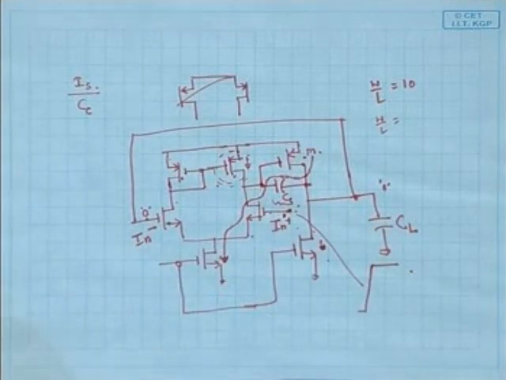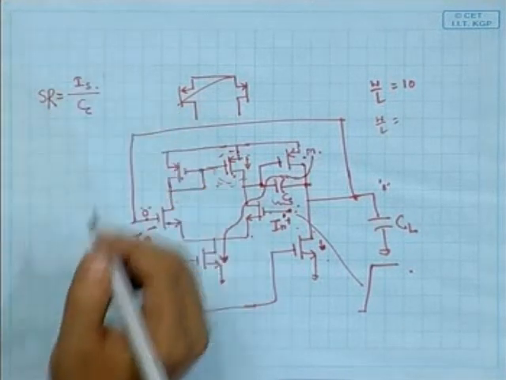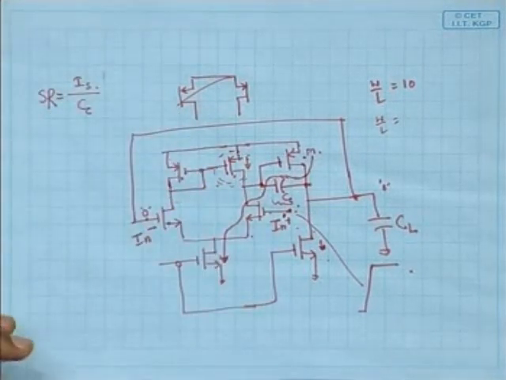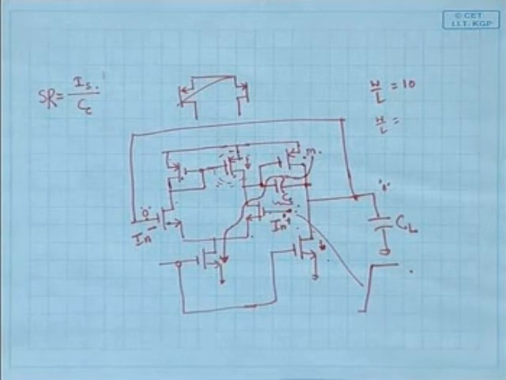Okay. So the slew rate of the op amp can be defined as Is divided by Cc. Now for the single stage circuit, there are a few drawbacks.